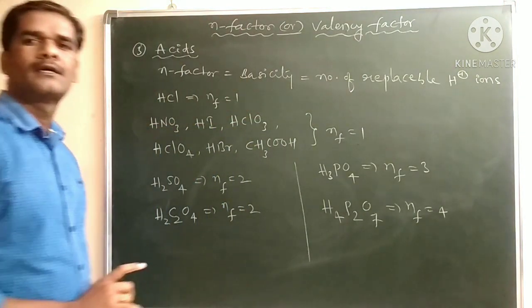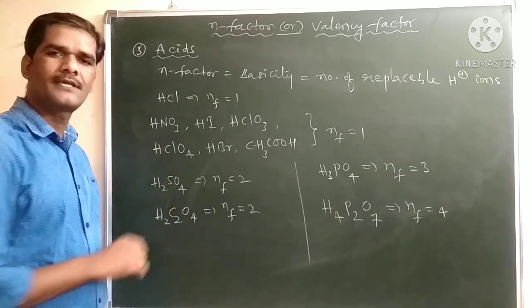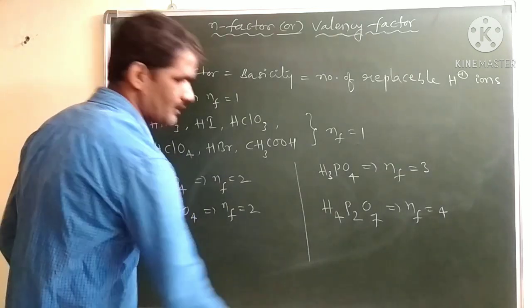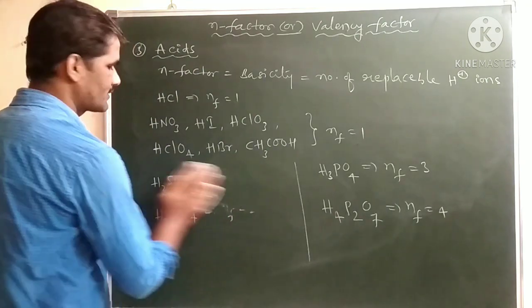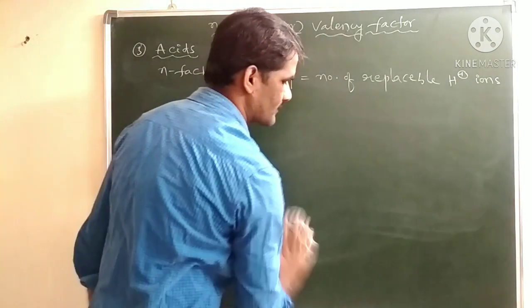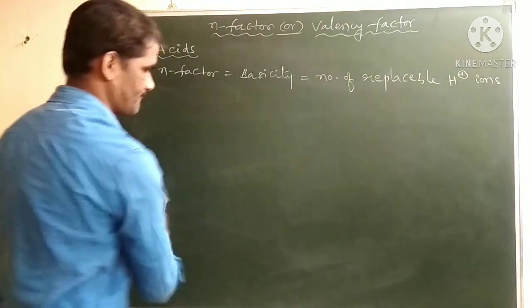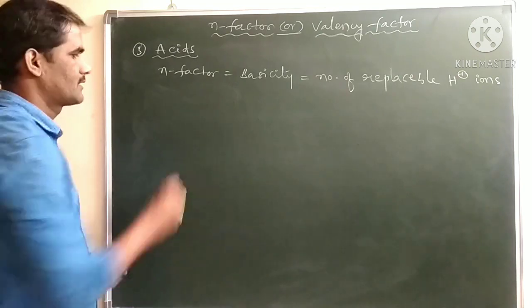So simply, for acids, the N factor is the number of replaceable H plus ions. So this point we should remember. And here some special cases we also have to keep in mind. Let us take some special cases.